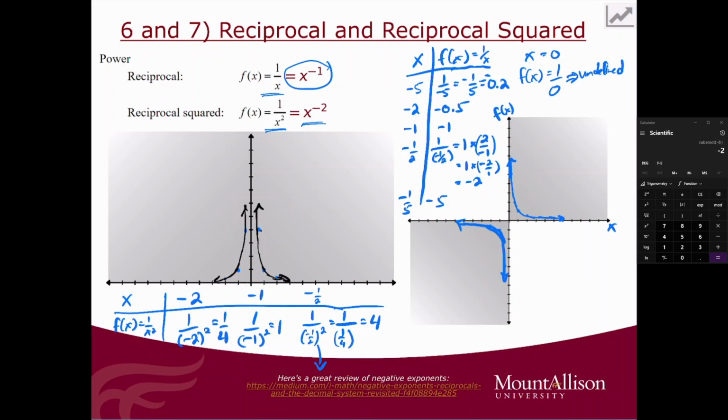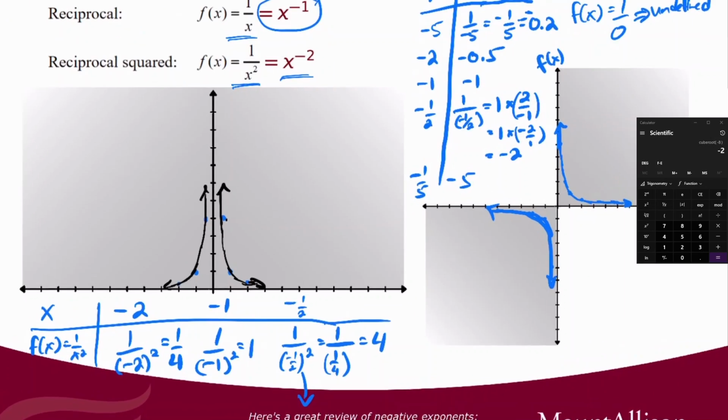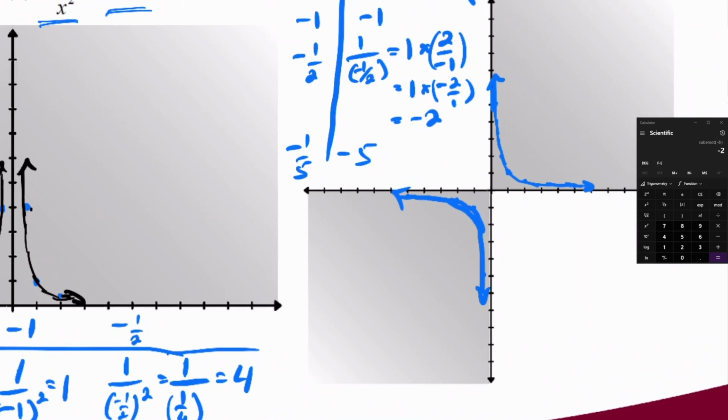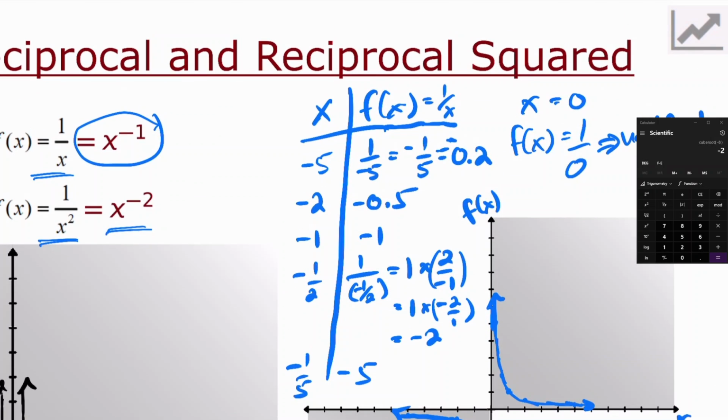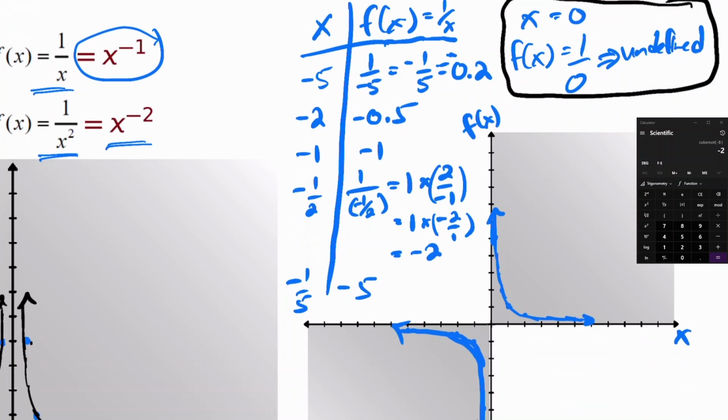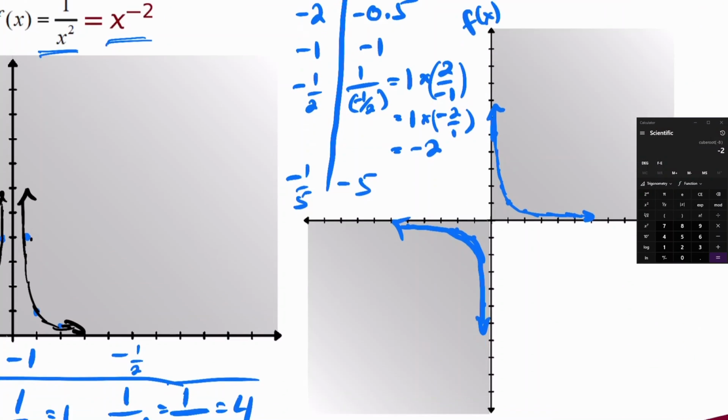When I get to the reciprocal and reciprocal squared functions, this is where things get a little bit tricky. So if I focus in here on my reciprocal function, actually, let me just go back up a bit. If I chose x equal to 0, then my function is undefined. So whatever my domain is, I cannot use x equal to 0.